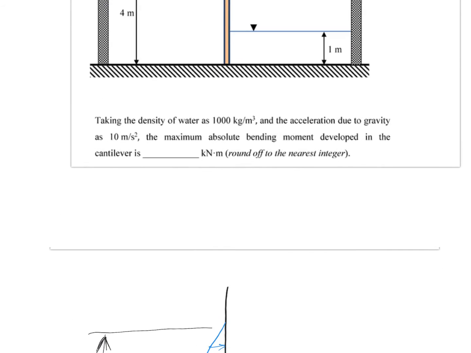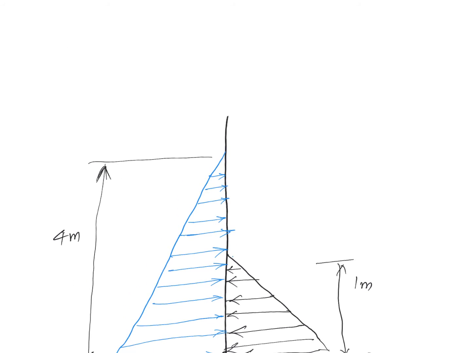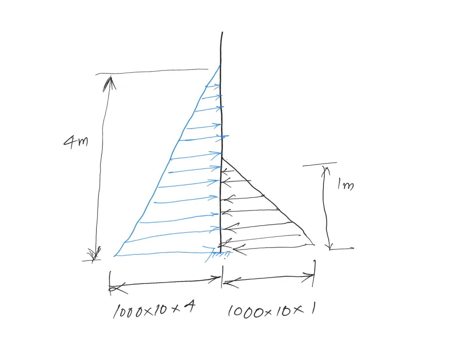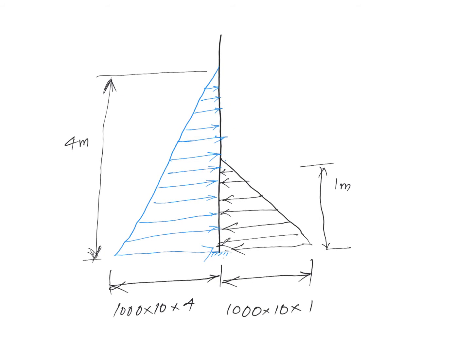So what happens once you draw the free body diagram and model this as a cantilever, this will be the external loading on the structure. Here we have water filled up to a height of 4 meter, so the force will vary like this, because we all know the pressure varies with height like this, rho g h.